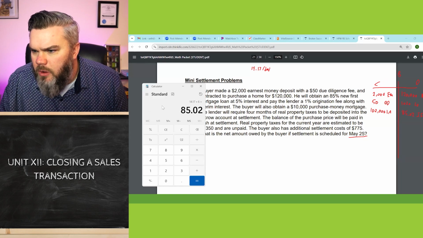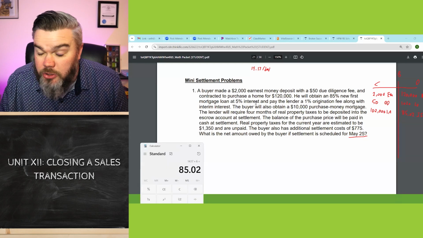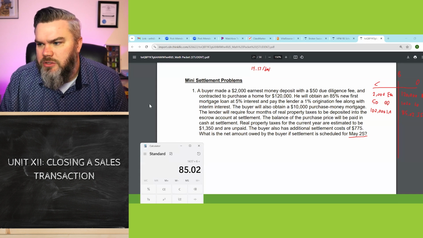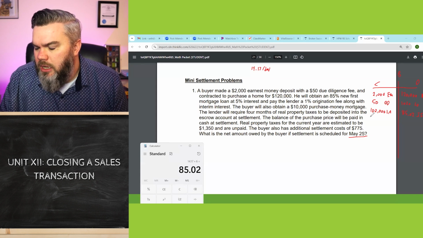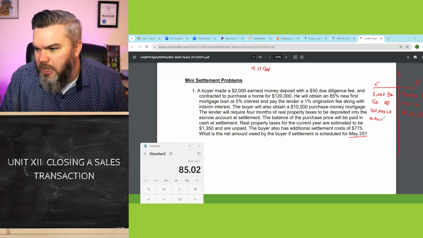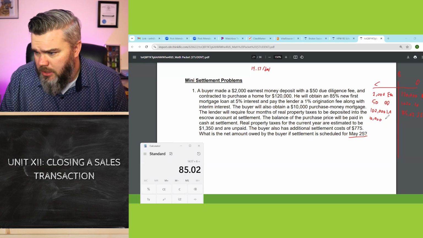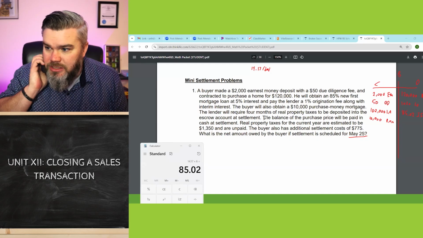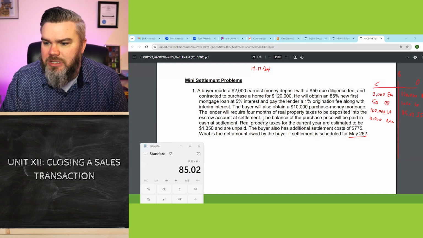And we keep going here. Origination fee, interim interest. Buyer will obtain $10,000 purchase money mortgage. I told you, for the sake of this, just put it as a buyer credit. It's a loan that the seller gave the buyer. They will pay it back just like the loan that the bank is giving them. So we'll call that purchase money mortgage. Lender will require 4 months of real property taxes to be deposited in escrow at settlement.